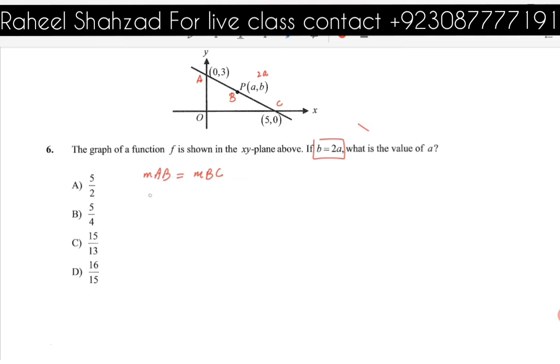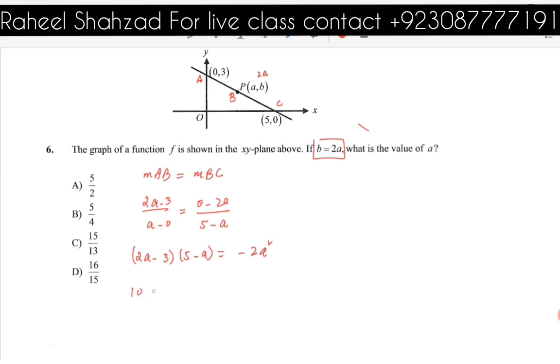So gradient of AB is going to be 2A minus 3 divided by A minus 0, is equal to gradient of BC, that is going to be 0 minus 2A divided by 5 minus A. So you can cross multiply it. It's (2A minus 3) times (5 minus A) is equal to minus 2A square.